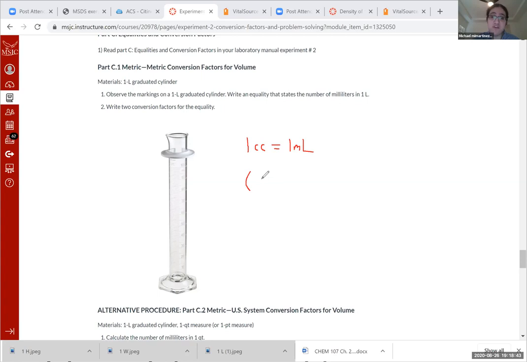The 2 conversions that we can write are 1 milliliter per cubic centimeter, and we also know that we have 1 cubic centimeter per 1 milliliter. This would be an example of our 2 conversion factors for this equality. Does that answer your question in the chat that I saw? Does that make it clear what I'm expecting for this?